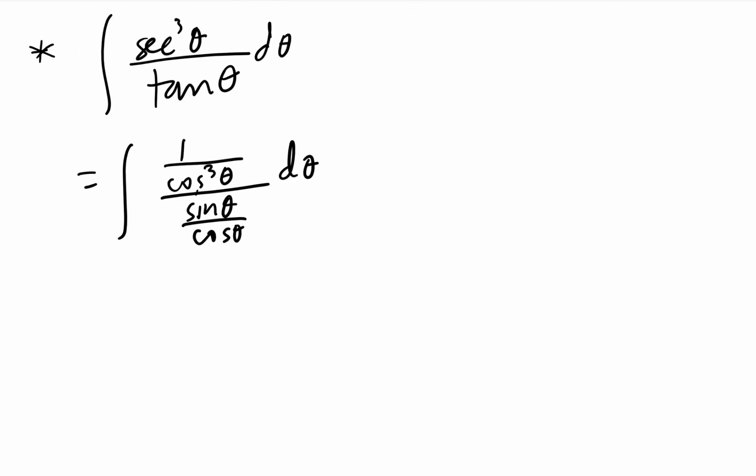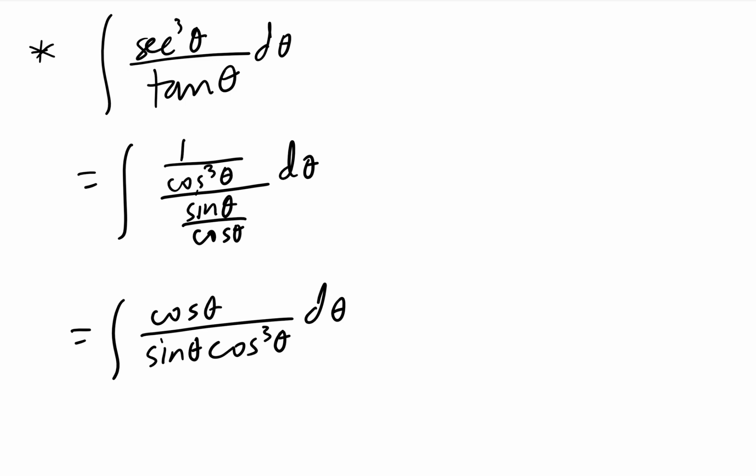Then the cosine goes on the top. Here we have sine theta cosine cubed theta d theta, which can be reduced down to 1 over sine theta cosine squared theta.